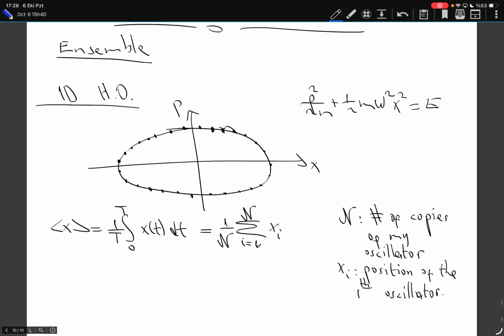Here, I'm just looking at one oscillator. I'm summing over all its positions over a time. I will follow it. Its position will change. It will just oscillate back and forth. That's called the time average. Because if you consider a realistic measurement, every measurement takes some time. During that time, the microstate of your system will evolve over many different microstates. This is what's called the ensemble average.